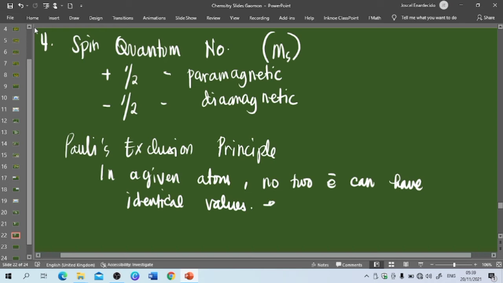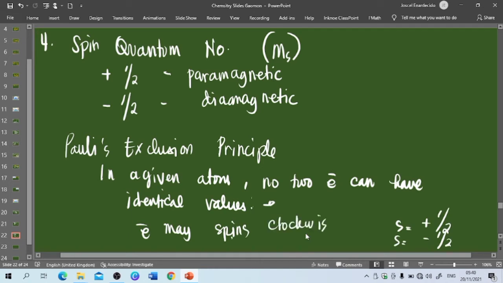Meaning to say, one can be paramagnetic and the other can be diamagnetic. The electron may spin clockwise; it is paramagnetic.